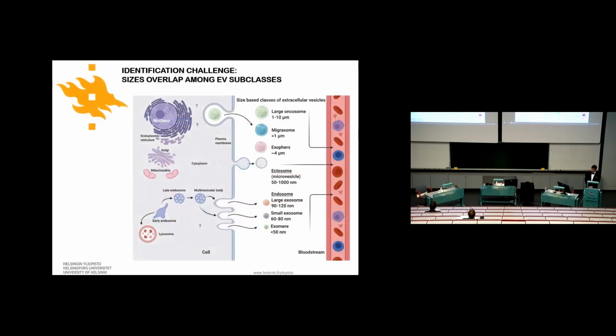Here is one of the challenges that we have identified during our research. For extracellular vesicles, this challenge has been that the sizes among extracellular vesicle subclasses overlap. So we see that there are different formation mechanisms for extracellular vesicles, but the particle sizes are the same.